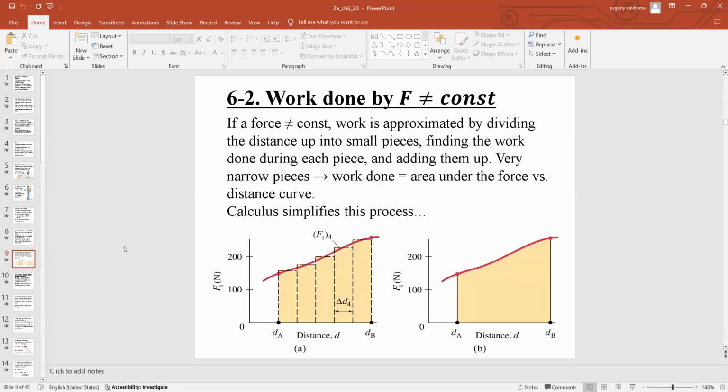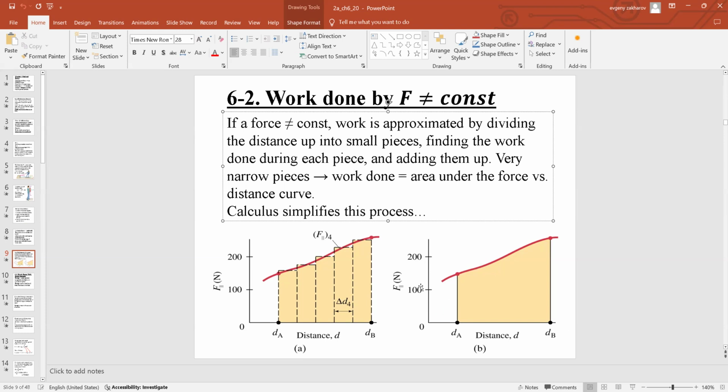If force is not constant, do not panic. There is calculus, and you divide the distance into small pieces, calculate the Riemann sums, and that is replaced with antiderivatives, integration, and you add them up. At the end of the day, your general understanding of work would be the area below the curve. See, there's the curve, the function for force versus the distance traveled.